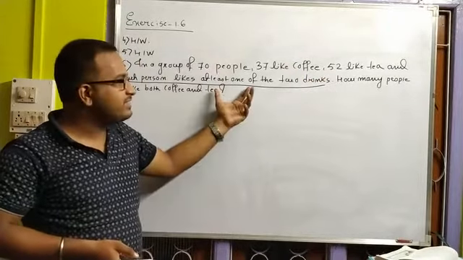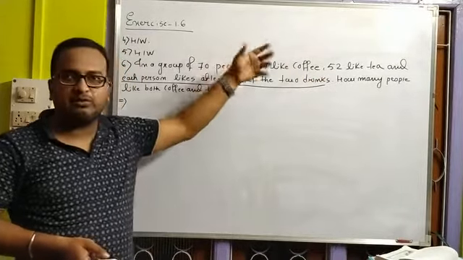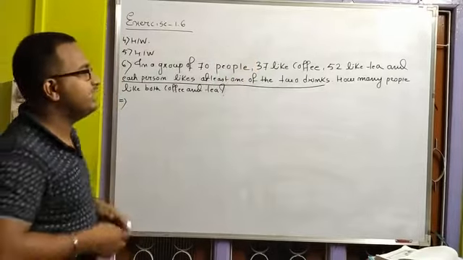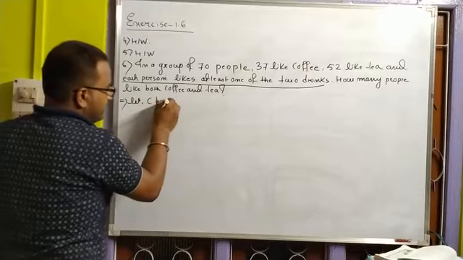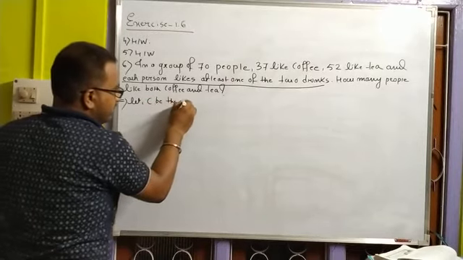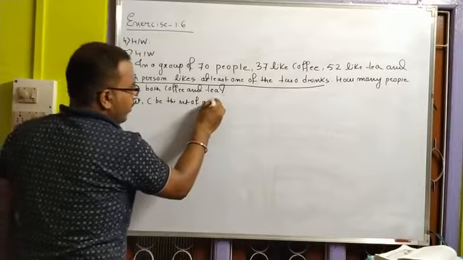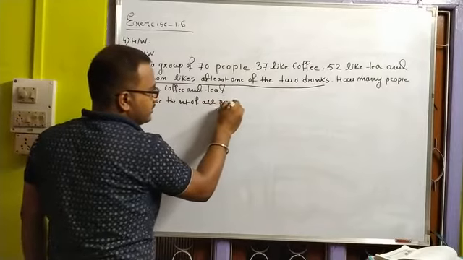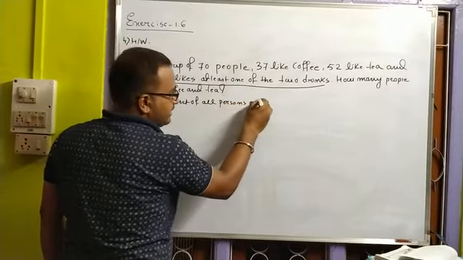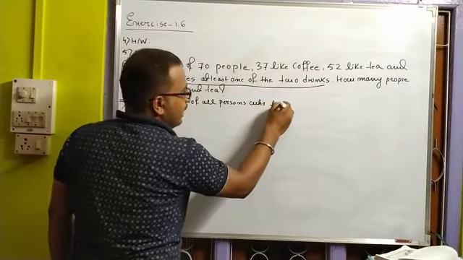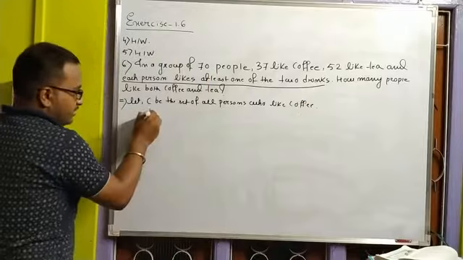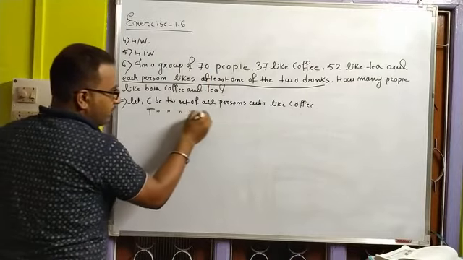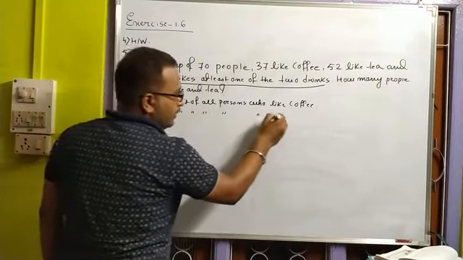So it is the same as the earlier problem that we have already done. First of all, you have to rename the sets. So let C be the set of all persons who like coffee, and T be the set of all persons who like tea.